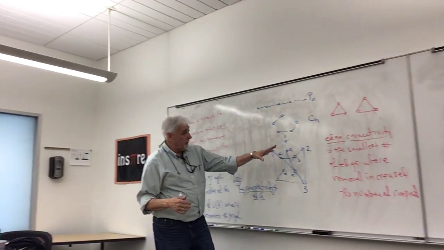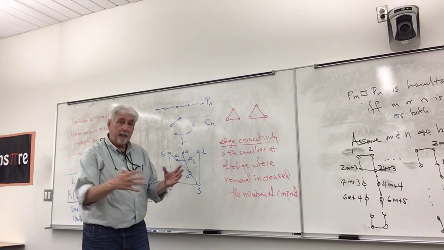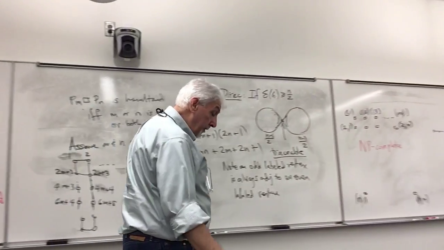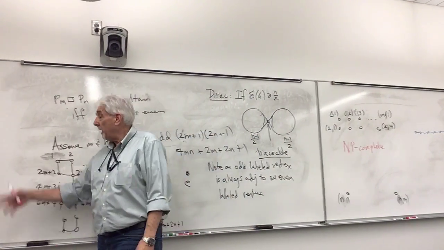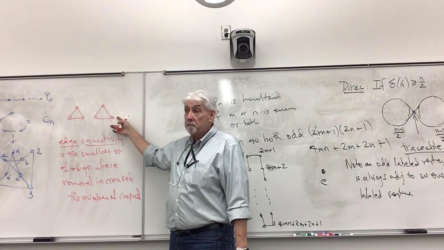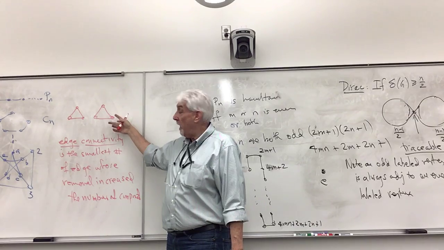Edge connectivity, we play a slightly different game, and we look for the smallest number that increases the number of components. So, for example, for 2 triangles, how many edges do I have to remove to increase the number of components? So edges.